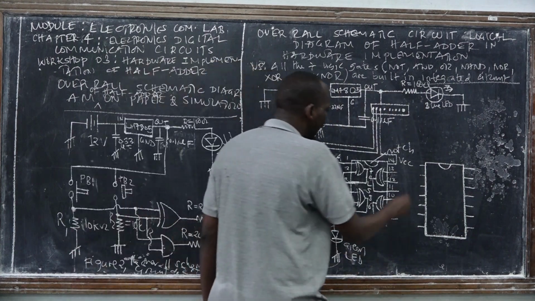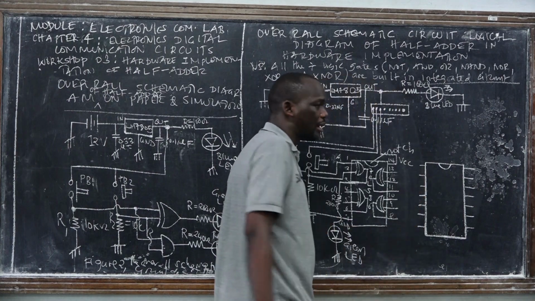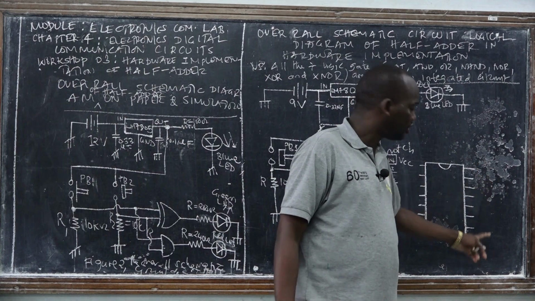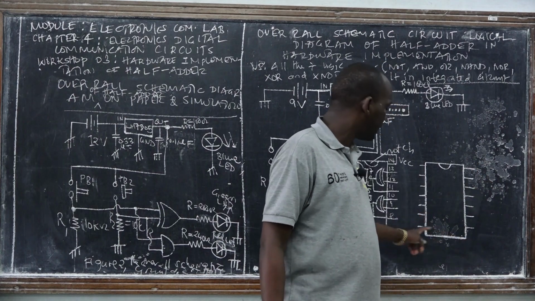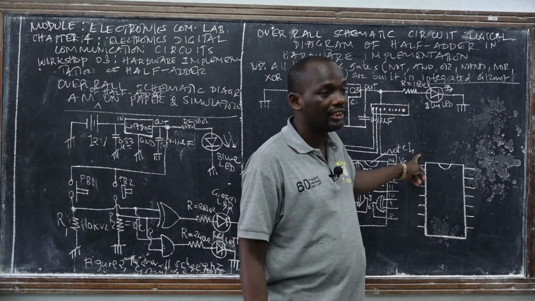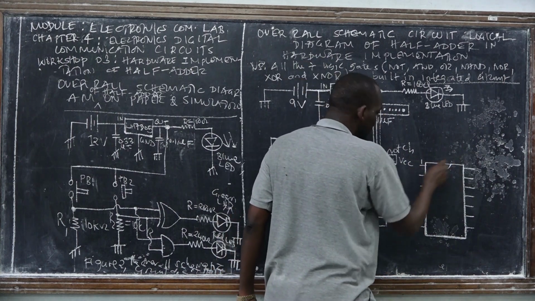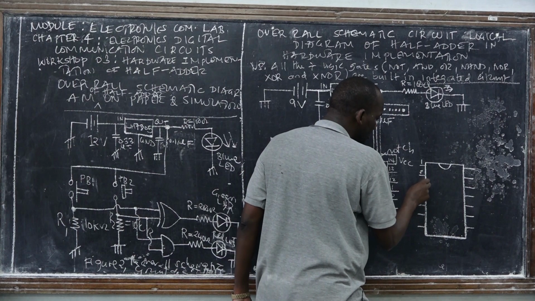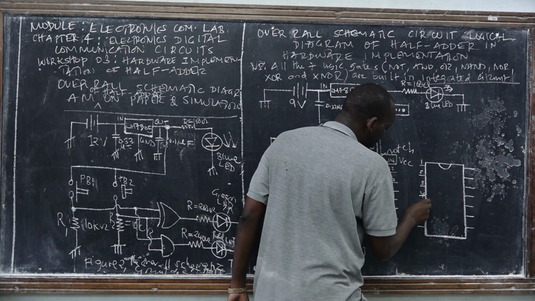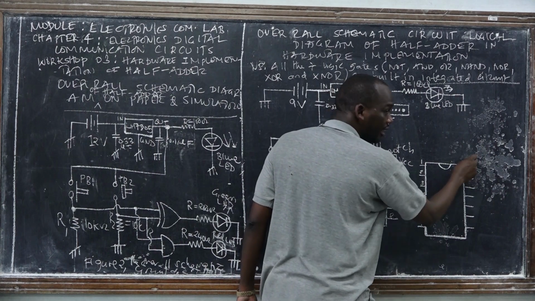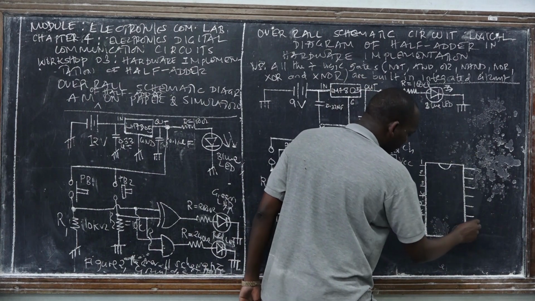How do we number? All the students, show me the numbering. This is pin number 1. And then where is number 2? This is number 2. Then, say it loudly, 7, then 8.